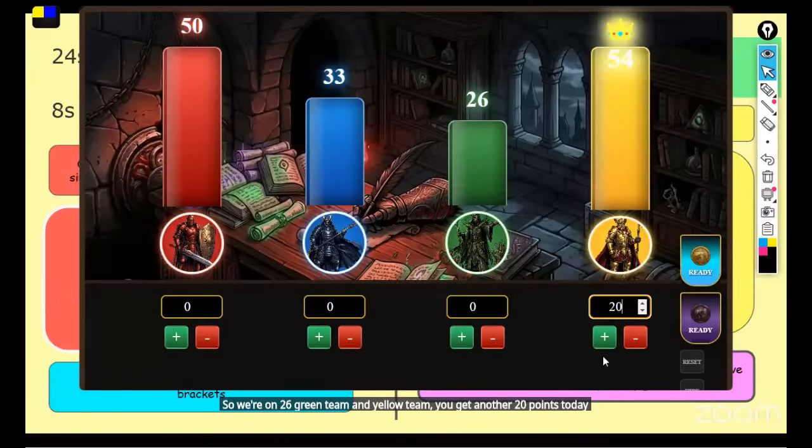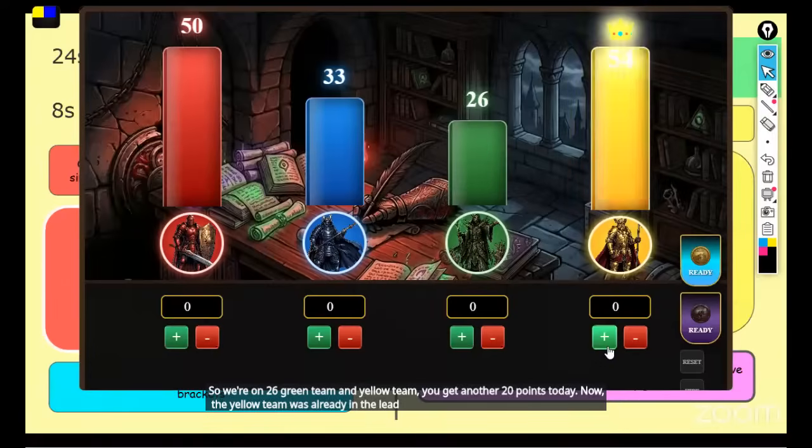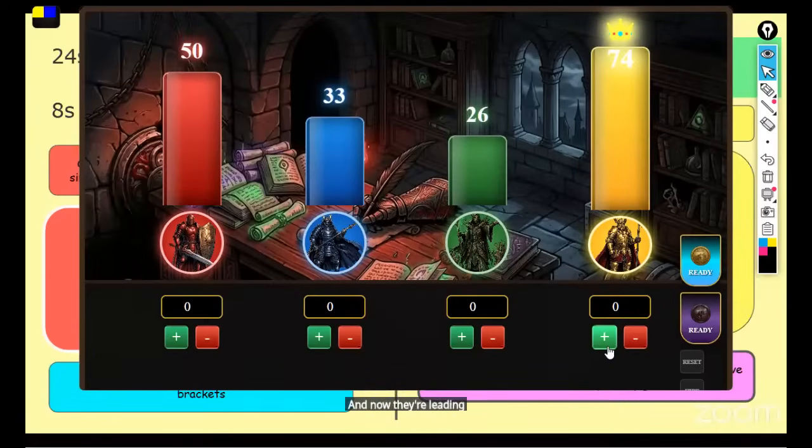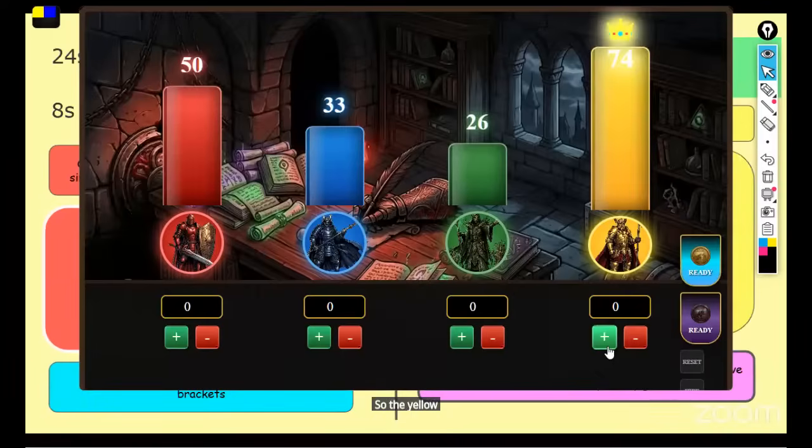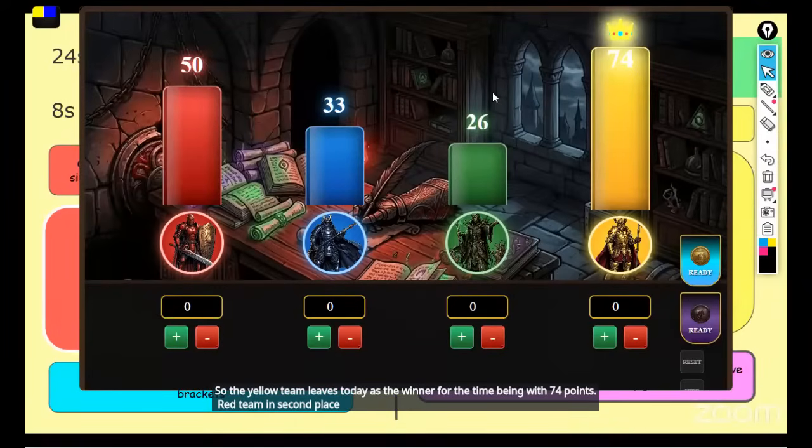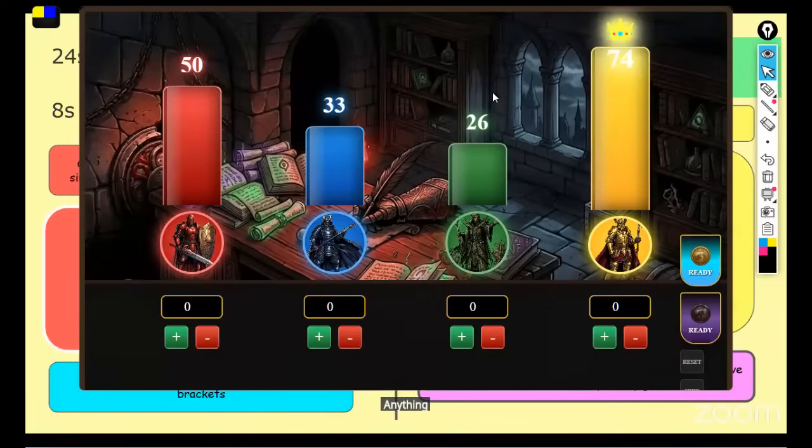Now, the yellow team was already in the lead, and now they're leading even more. So the yellow team leaves today as the winner for the time being with 74 points. Red team in second place. Blue team third. And as usual, we, the green team, are last. But we're just happy with crumbs. We green team people are not greedy people. Anything we get, any crumbs thrown to us, we will eat.